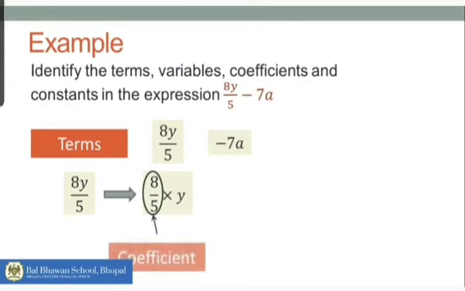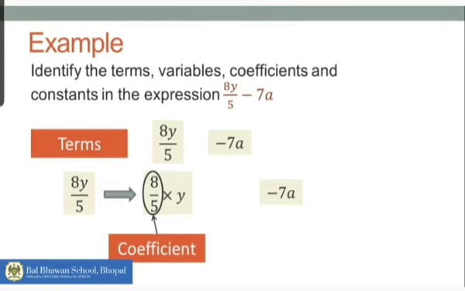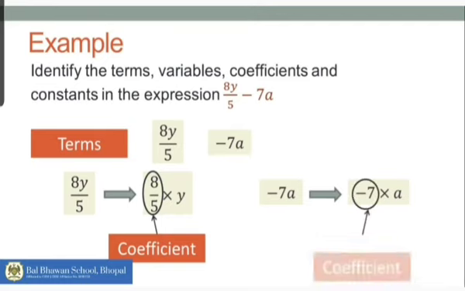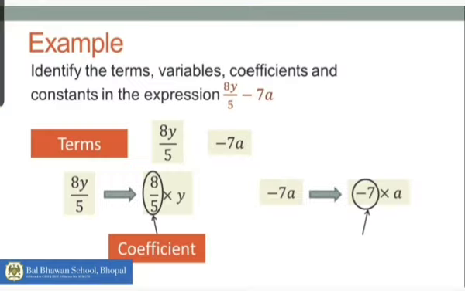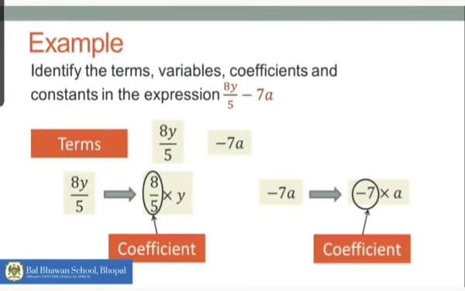And 8/5 will be its coefficient because it is the numerical coefficient of the term. Similarly, in -7a, it is -7 into a, where -7 is the coefficient. So we have identified terms, variable and coefficient over here. Since we don't have any constant number over here, the constant is, children, 0 because we don't have one, right? So we write that as 0.